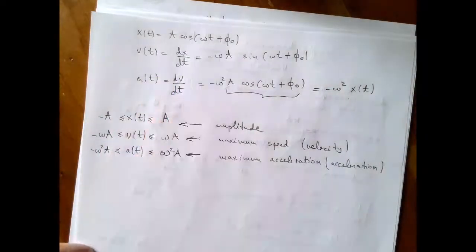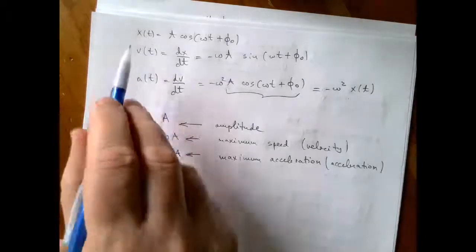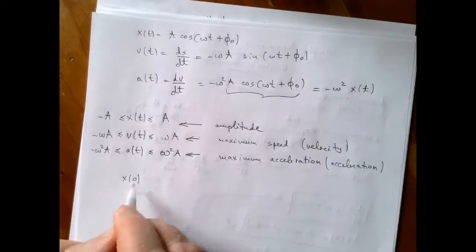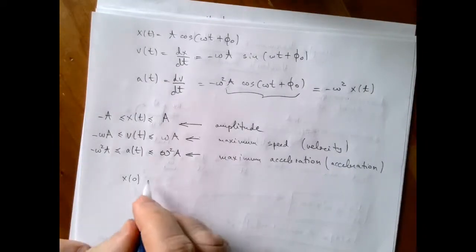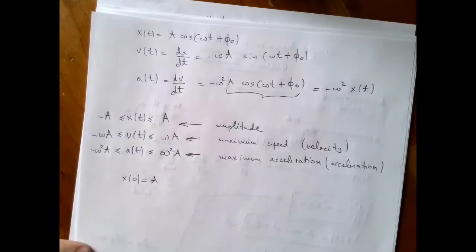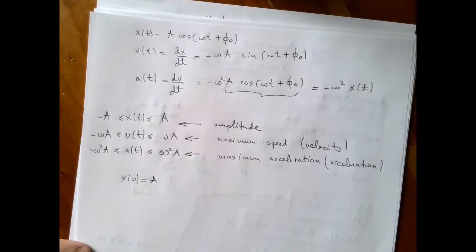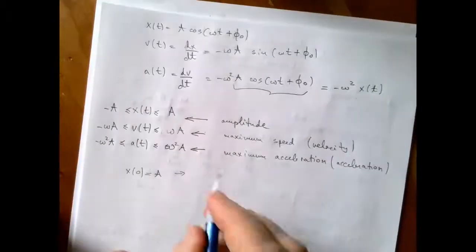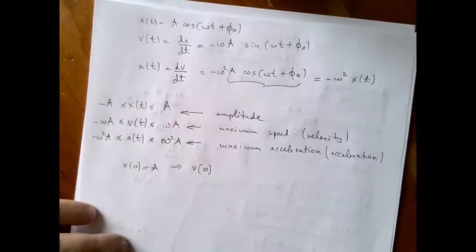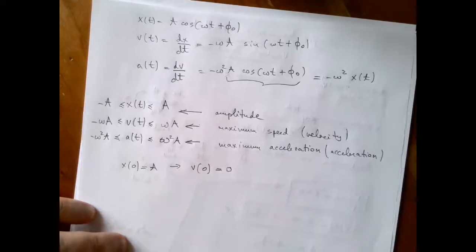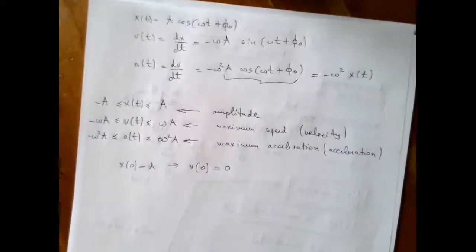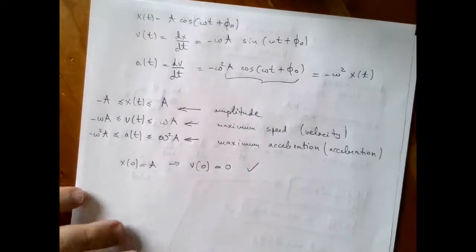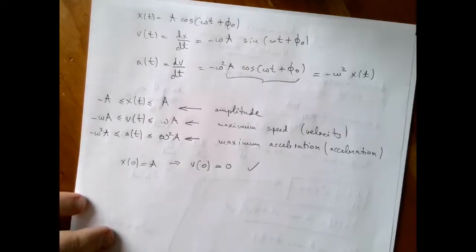In the scenario depicted here, if at t equal to 0 the object was at the position A, here on the right hand side of the equilibrium position, then the velocity of the object at time equal to 0 is 0, and that is true because this is when we released it.